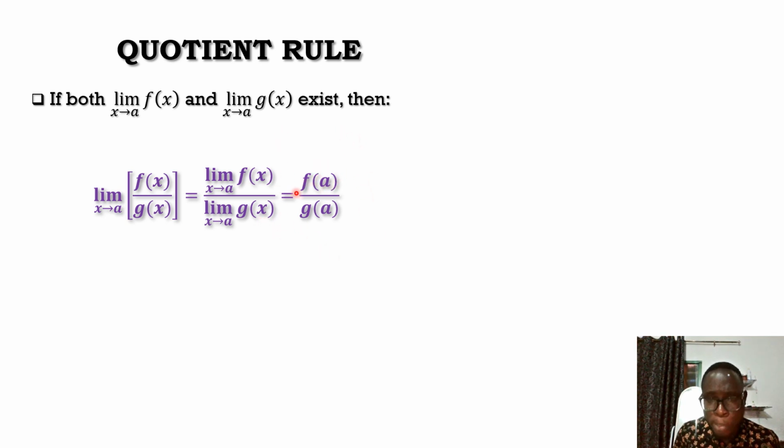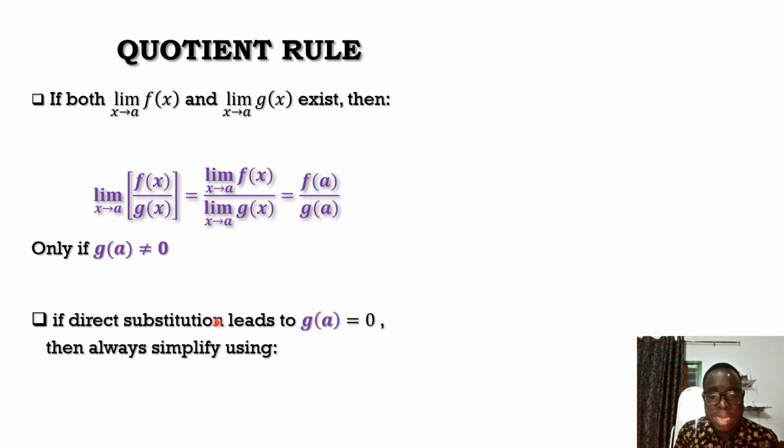This is only possible if g of a is not equal to 0. It means that we are not talking about g of x here. We are talking about g of a. That is the limit value, approximate value, when you substitute the a as your input. So the moment you substitute the a and you end up getting g of a equal to 0, it means that something has to be done.